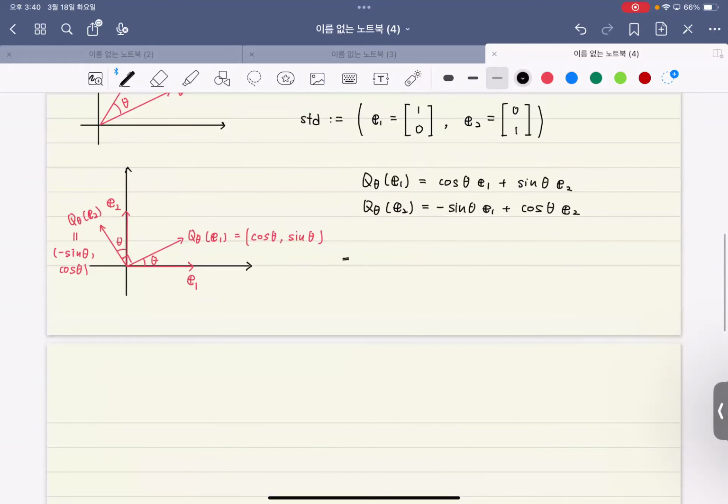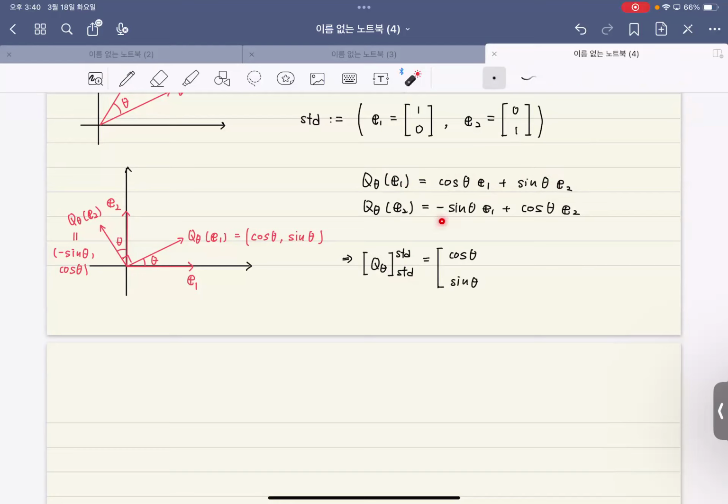So my matrix representation of this linear transformation in terms of the standard basis, the input basis is standard and the output basis is another, so again standard. Since here I have cosine and there sine, the first column must have cosine on the top and sine on the bottom.